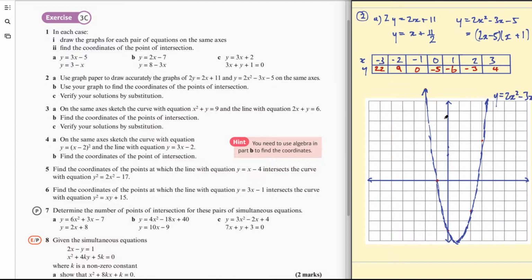Okay. Then this is 5.5. And the gradient is 1. Okay, that looks more promising.